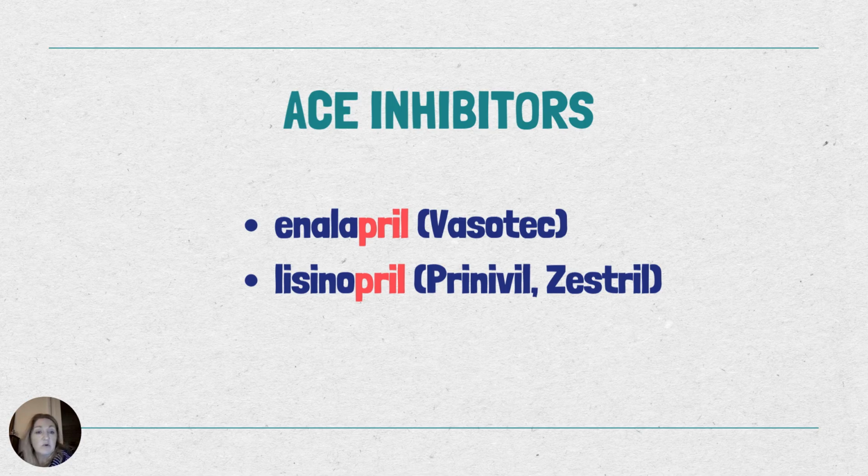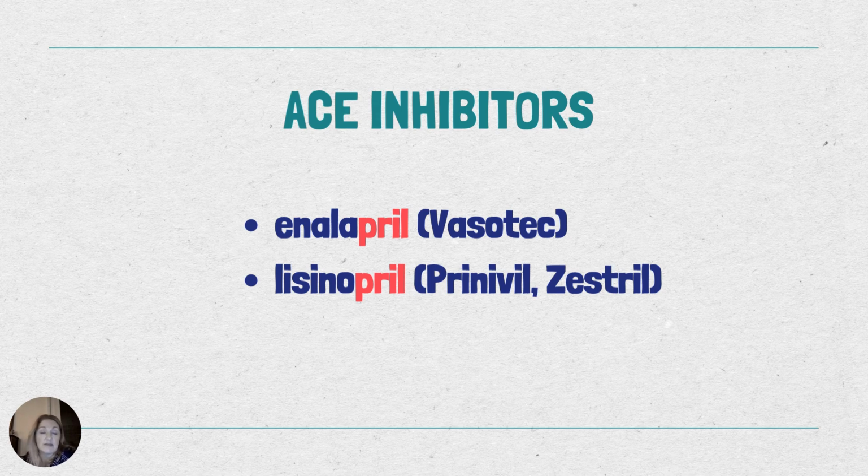This is another really important stem pattern. So we have 2 ACE inhibitors here. ACE inhibitors work on the RAS system, the renin, angiotensin, aldosterone system, which is mostly related to kidneys. And so these lower the blood pressure by blocking the conversion of angiotensin 1 into angiotensin 2.